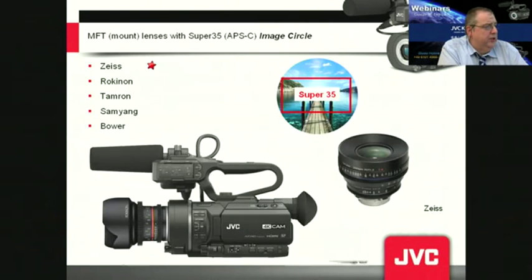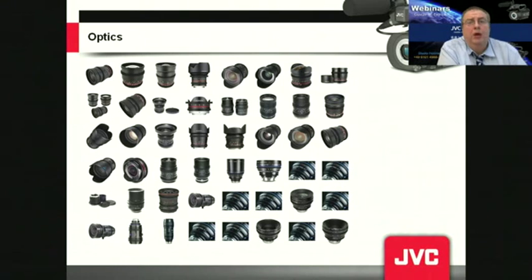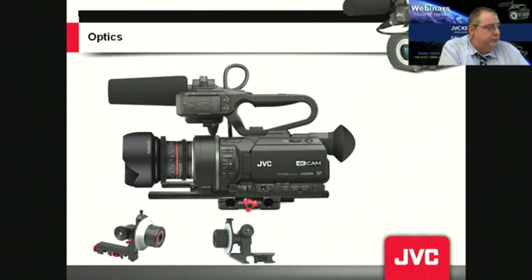So you see, it is just a simple overview here. Like for example, MFT mount. A lot of companies, only a few: Zeiss, Rokinon, Tamron, Samyang, Voigtländer, etc. All these lenses you can use. Here is a bunch of optics, for example.